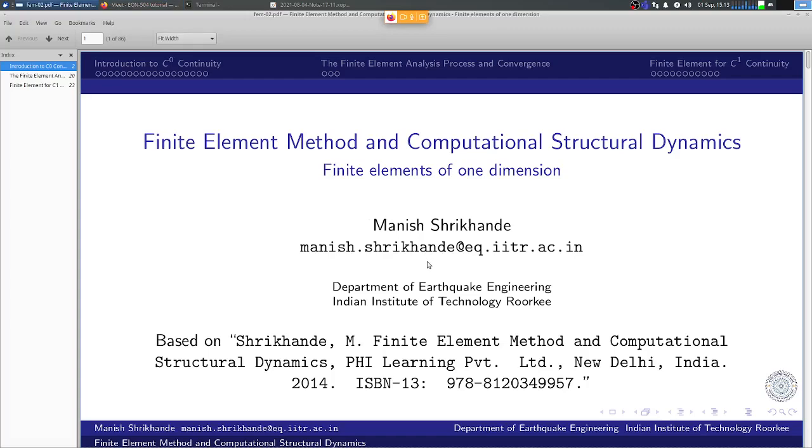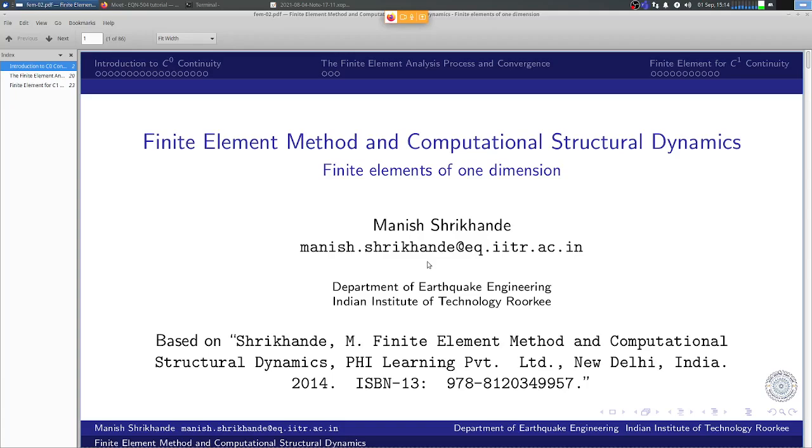Okay, so let's start our discussion on finite elements of one dimension. We will gradually build the concepts of finite element analysis using this vehicle of one-dimensional finite elements, which are very easy to understand, and the problem is small enough or simple enough to be managed by hand calculations, manual calculation on pen and paper, and you can get the gist of the entire finite element process.